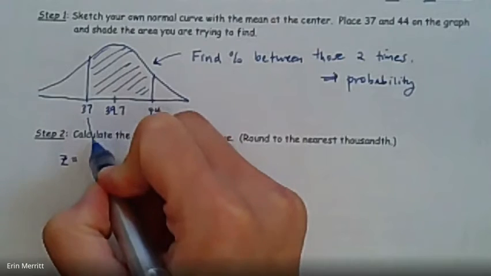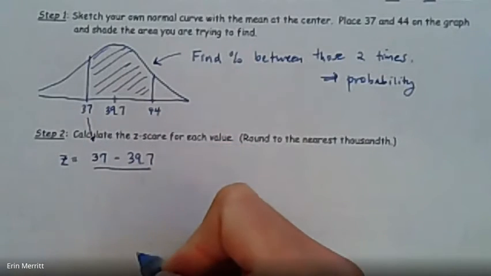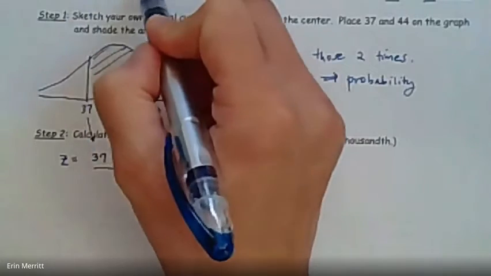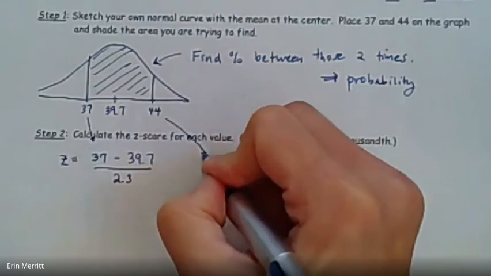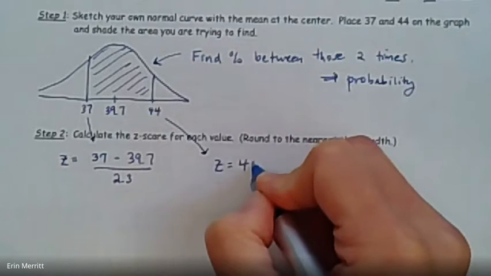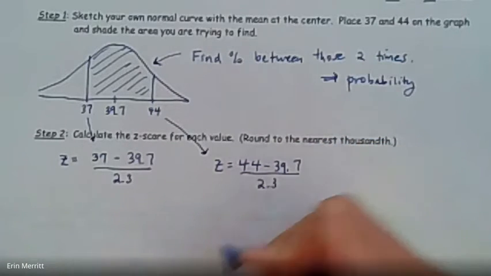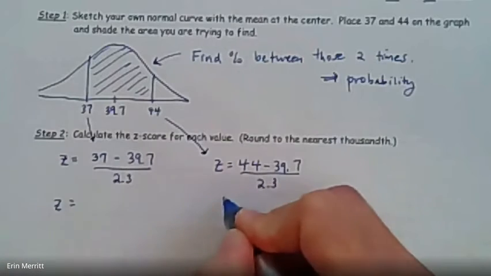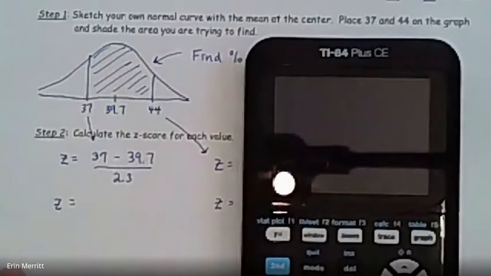I'm going to start with the 37, subtract the mean, divide by the standard deviation, which they told us was 2.3 back up here. And then we'll do the same thing for the second one. You'll do 44 minus the mean of 39.7 divided by the standard deviation. So it's just going to tell us how far above and below those values are from the mean.